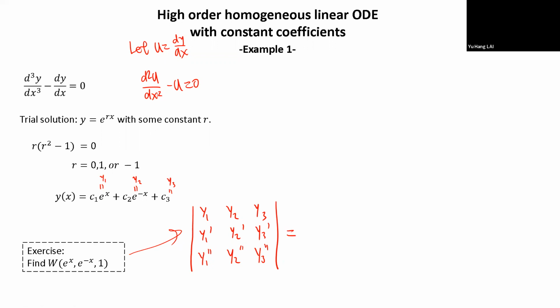Let's not actually spend the time on doing the determinant, but you know how to put in all the values here. So e to the x, e to the minus x, and then 1, and the second row is e to the x, minus e to the minus x, and 0.